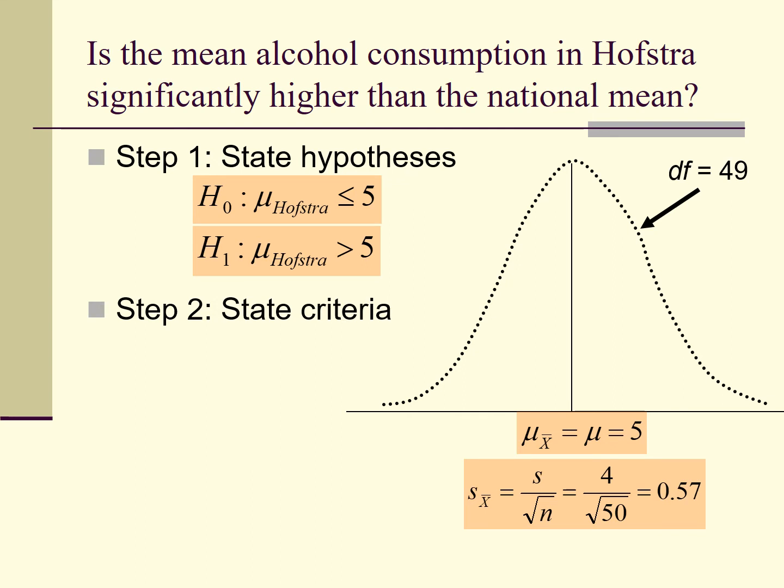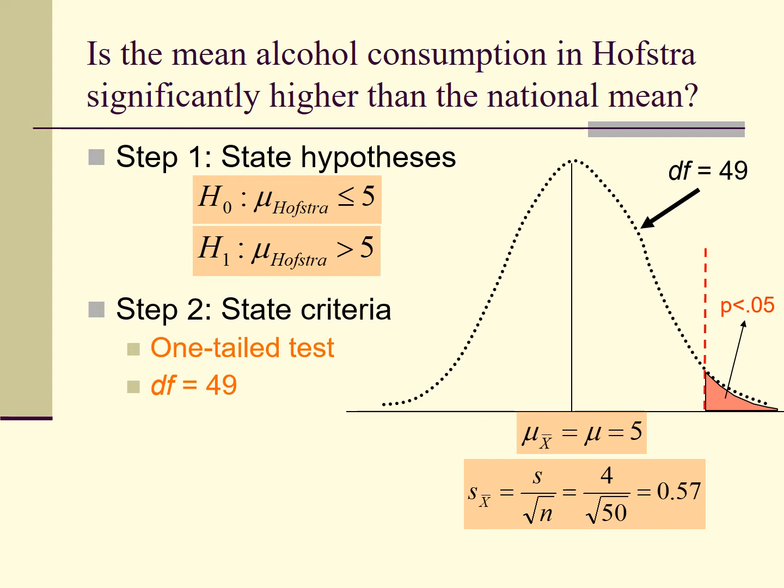Second, we state the decision criteria. It is a one-tailed test. We look at the right tail. Alpha is 0.05, so the area in the right tail is less than 0.05. Degree of freedom is 49.